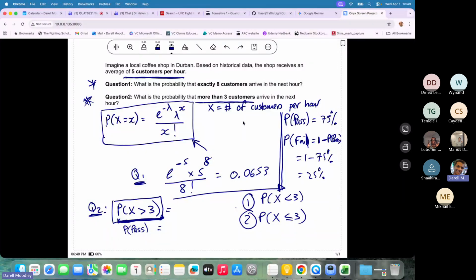Anyone that said option 2, that is correct. That is the opposite, and here's the reasoning why. I'm making an analogy with the probability of passing. If the probability of x is greater than 3, let me make some space here and write this out.